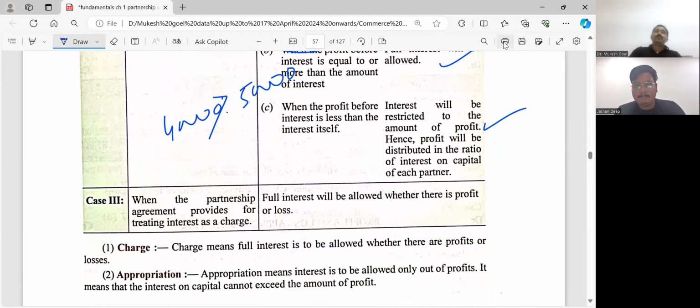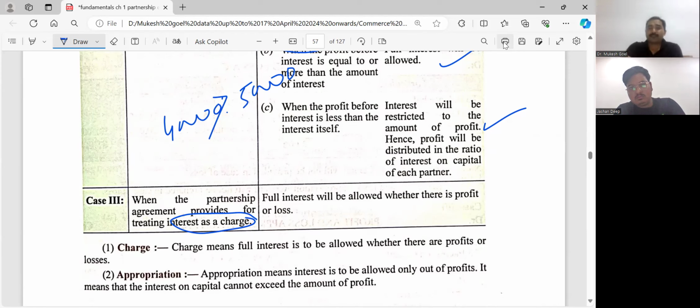And the last case is most important: when the partnership deed agreement provides that interest is a charge on profit. In that case, full interest will be allowed whether there is a profit or loss, just like other expenses. Sometimes partners decide that we will treat interest as a charge, like salary, like interest on loan, which we give whether there is a profit or loss.